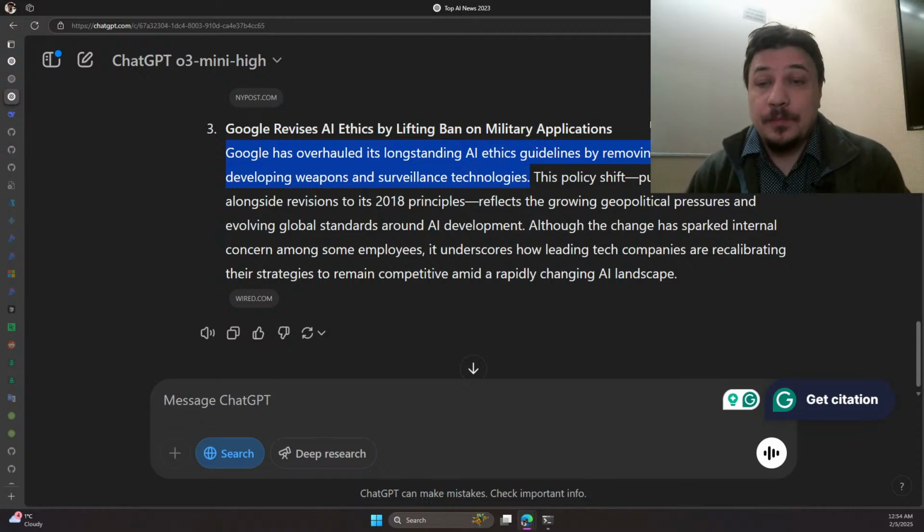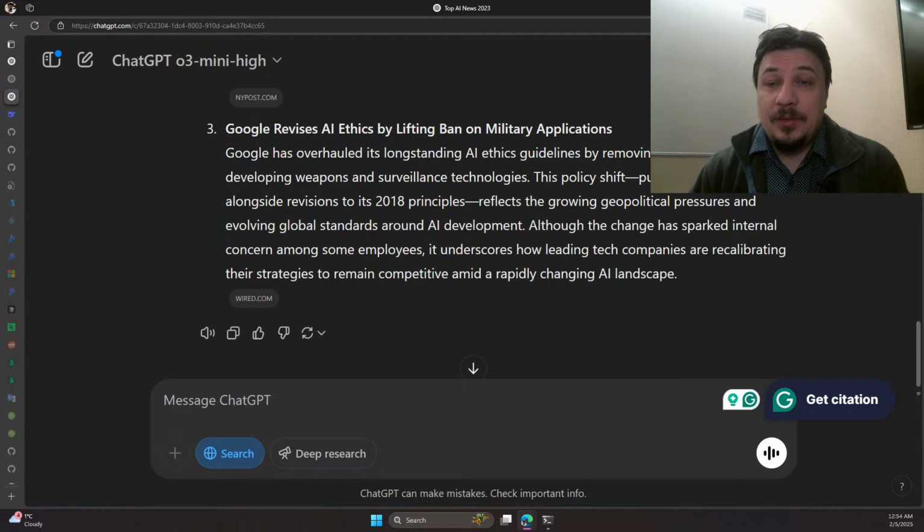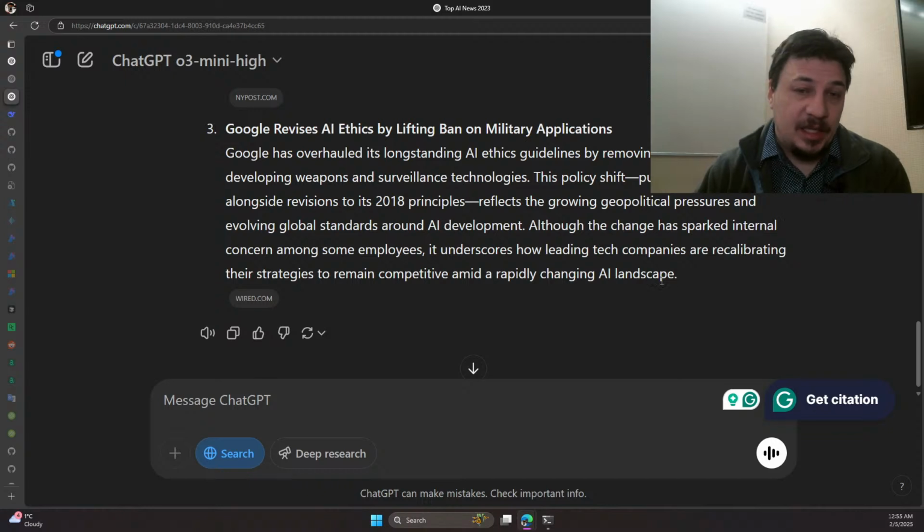So that shift, publicly detailed alongside revisions to its 2018 principles, reflects the growing geopolitical pressures and evolving global standards around AI development. Also, the change has sparked internal concerns among some employees. It underscores how leading tech companies are recalibrating their strategies to remain competitive in the rapidly changing AI landscape.